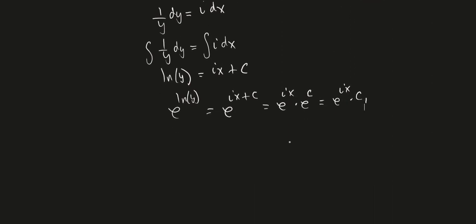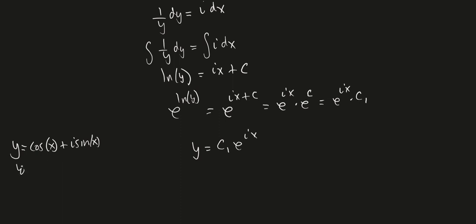Well, what do we end up with? On this side, we're left with y, because e and ln are inverse functions. And on this side, what do I have? c1 e to the ix. Now, going back to where we started, remember this was the expression that we wrote down, that y is equal to cosine of x plus i sine of x. Notice that when x is equal to 0, y is equal to 1.